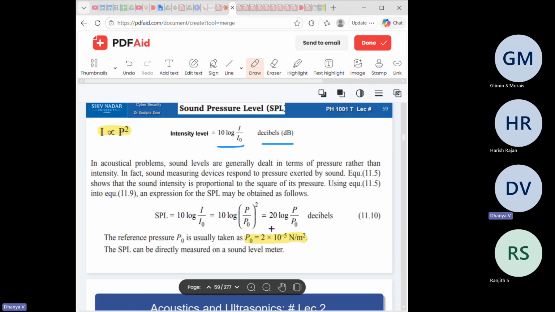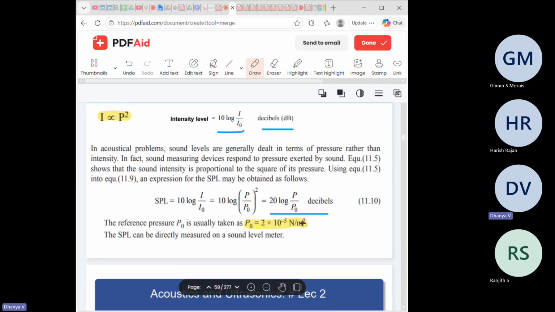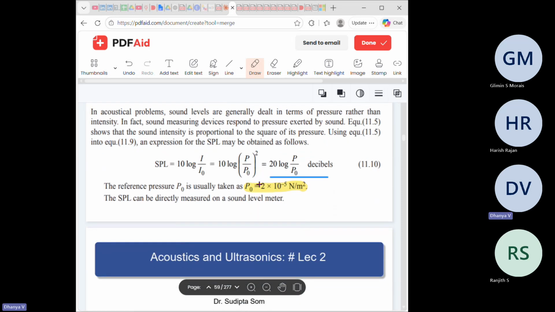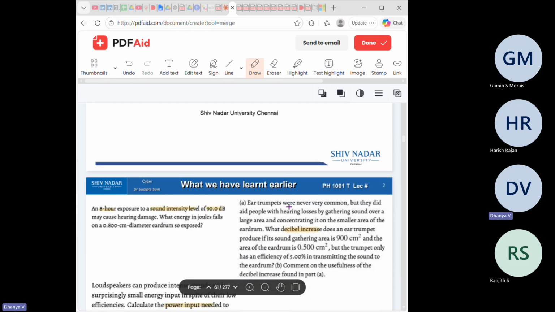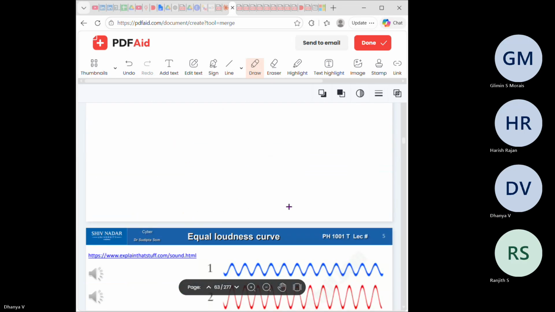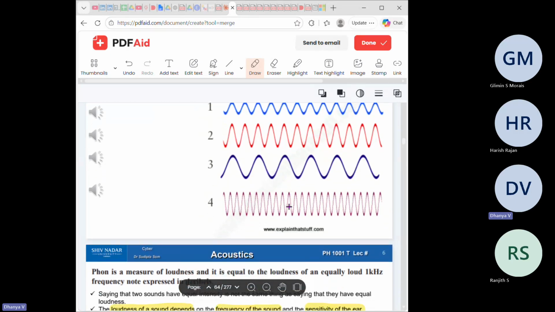And in terms of pressure, it is 20 log P by P0. Your threshold is 2 into 10 to the power minus 5 or 20 micro Newton per meter square. Know all of your SI units very well.